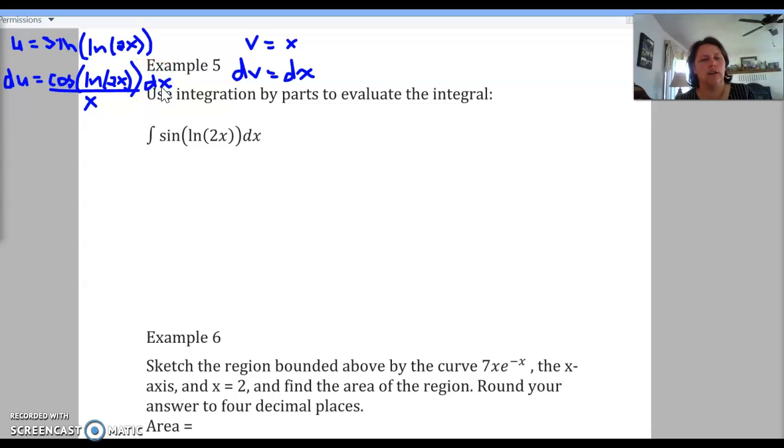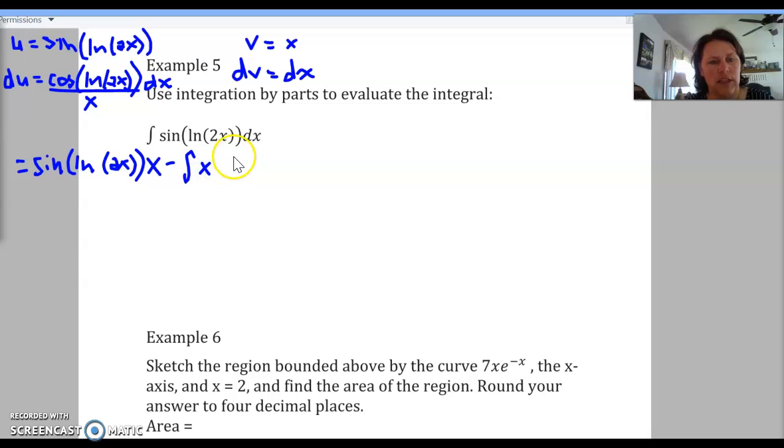Okay, so there's our first substitution for integration by parts. So we have this integral here is going to equal the sine of the natural log of 2x times x, so u times v, minus the integral of v du.